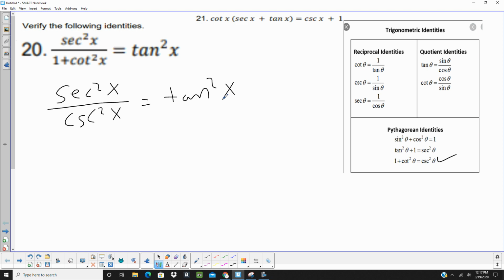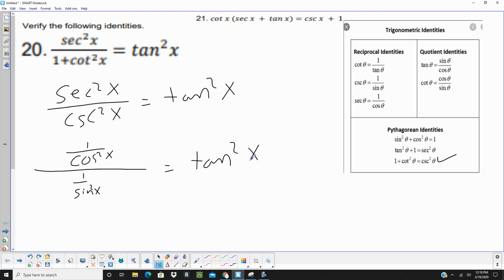Well, secant is 1 over cosine. Cosecant is 1 over sine. It's a fraction divided by a fraction.